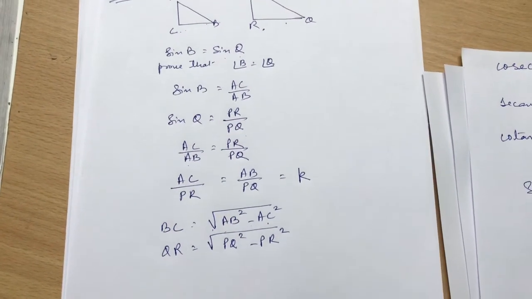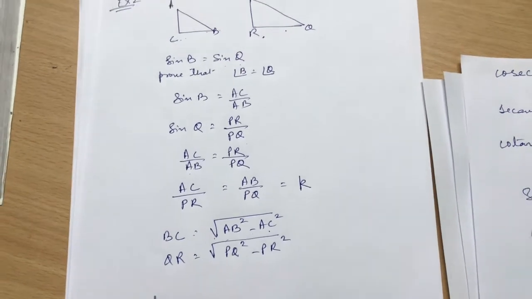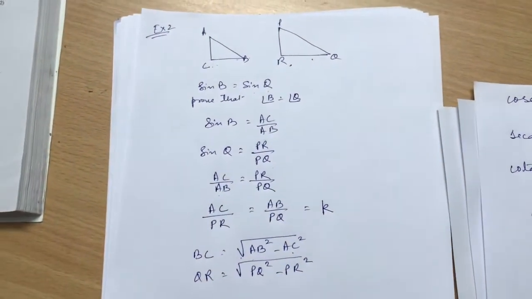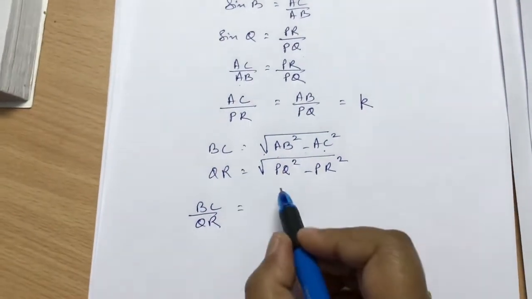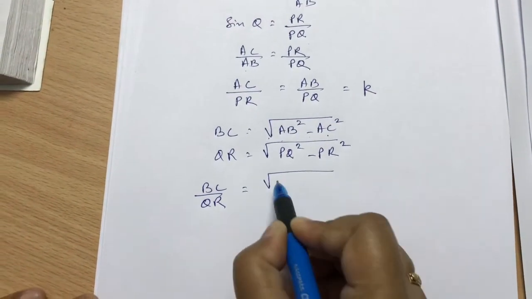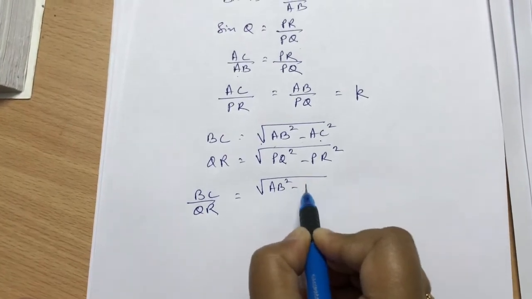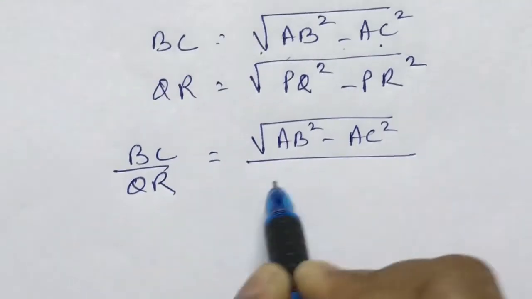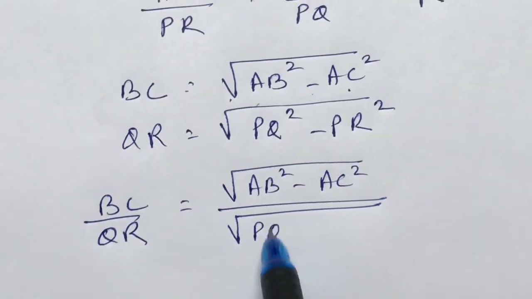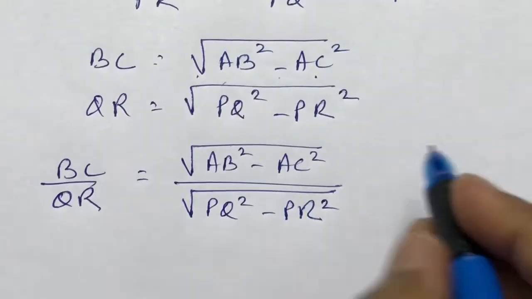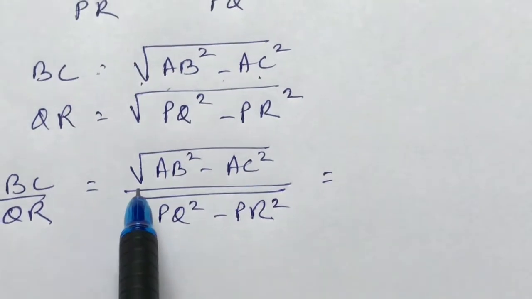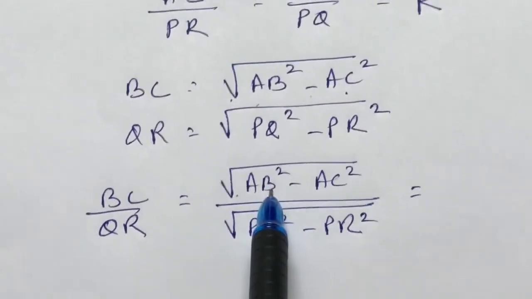Fine. Now, let us go to BC by QR. What is BC by QR? Just put the values. Root over of AB square minus AC square by root over of PQ square minus PR square. Okay, fine. What is AB square?